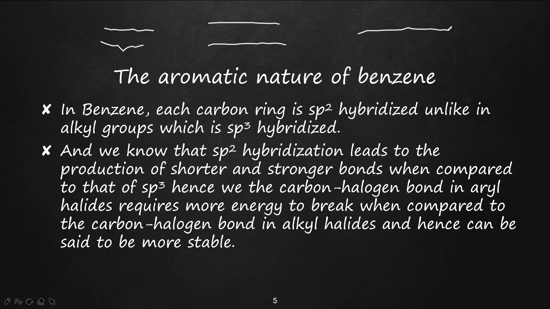For a reaction to occur, bond breaking and bond formation must occur. But since the carbons are sp2 hybridized in benzene compounds, we expect it to be more stable and hence require more energy to break that bond. That's what this point is talking about. So let's go on and see.